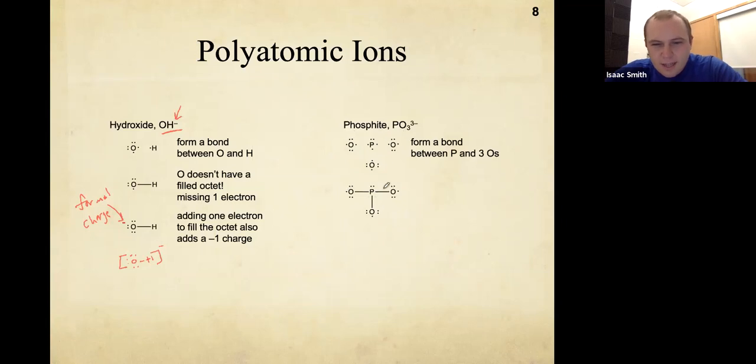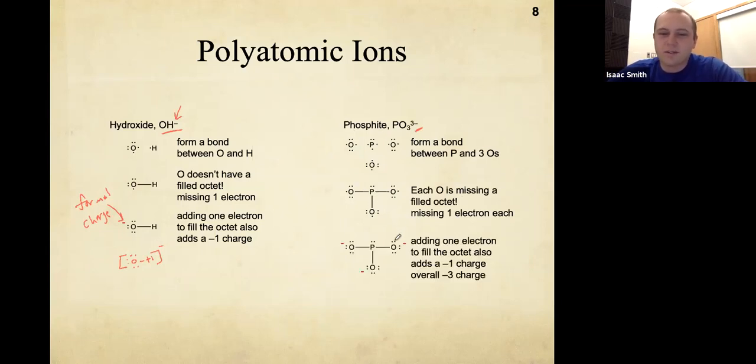So you can see you have these extra electrons on oxygen that are sitting around here. Okay, you need 1 more electron basically on each of these oxygens to fill the octet. And if you look here, you have a -3 charge, which means you need to add 3 more electrons into the Lewis structure. So you give each oxygen an extra electron, and that puts a negative charge on each of those oxygens.